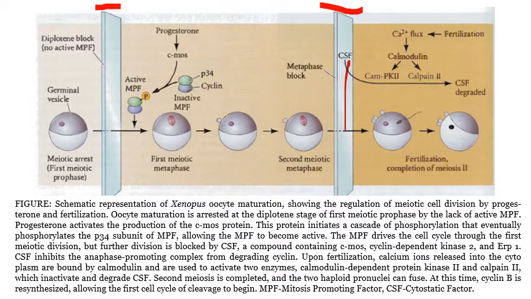It is because of fertilization. Once the egg is fertilized, influx of calcium takes place, and this calcium then binds with calmodulin protein, and this calmodulin in turn activates two proteins, CaMKII and calpain 2, and both these proteins help in degrading CSF, which will ultimately release this block, and meiosis 2 will be completed.